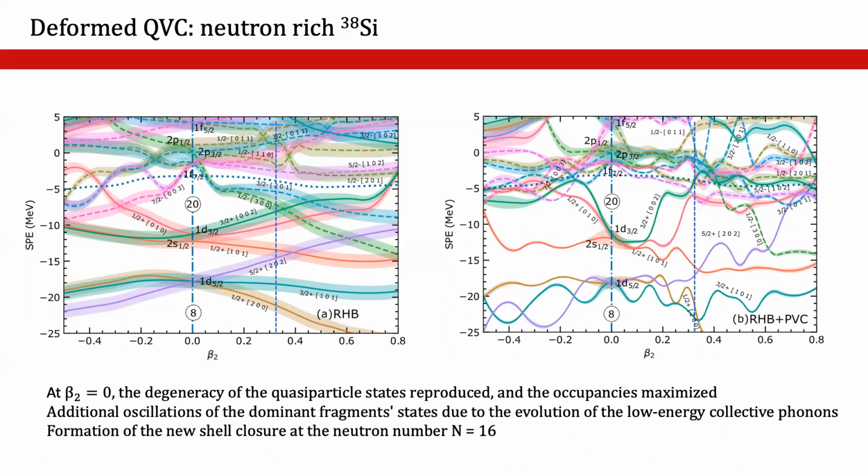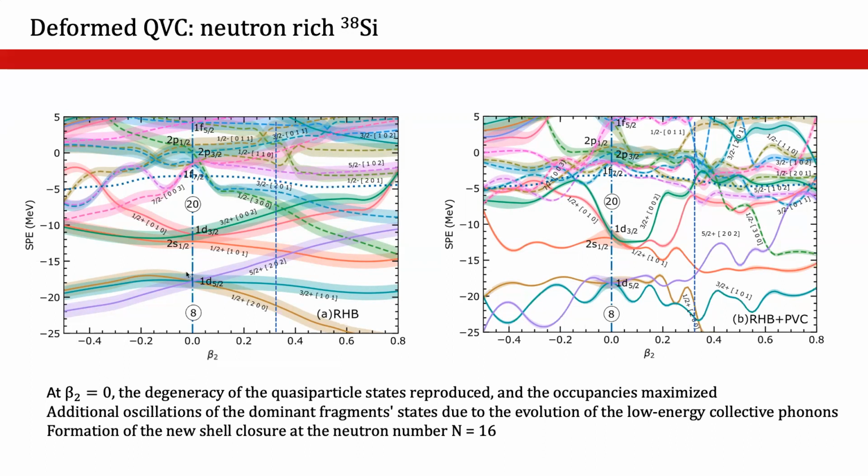This is a wide range from oblate to prolate. The result for the state we plot is still the largest spectroscopic factor, which is the dominant one.